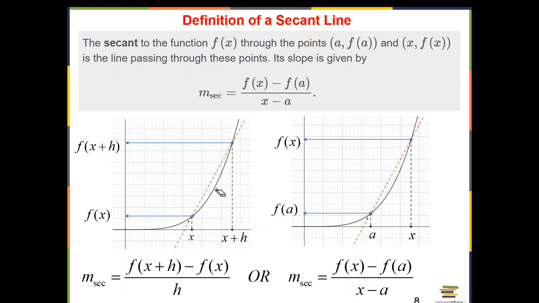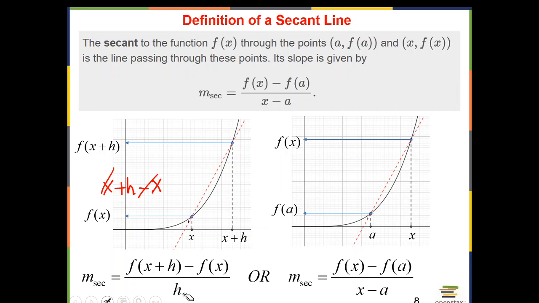Another way to name it is to name the first input value X, and the next input is X plus H. So this would be f of X, and that's f of X plus H. So the slope of this red line will be given by y2 minus y1 divided by X plus H minus X, which is just H, right?